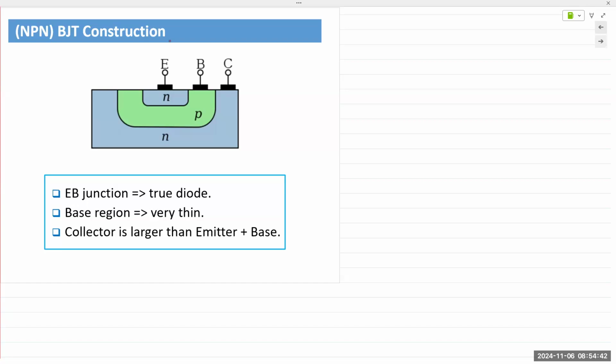Okay, so this is the smallest. I particularly like this image because it very easily and very conveniently expresses what the difference in the size of the region is. So this is the biggest or the largest, and the other two are encapsulated within the collector region. This is very thin.